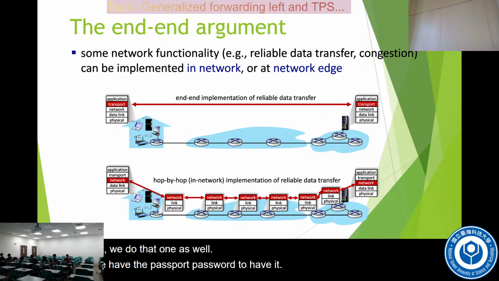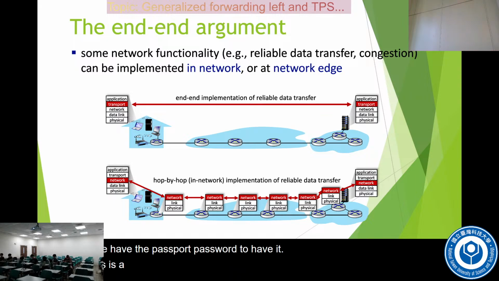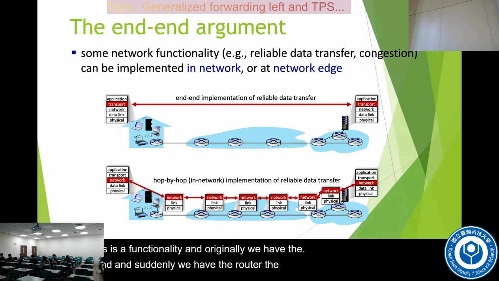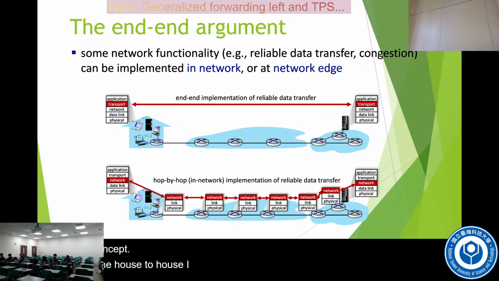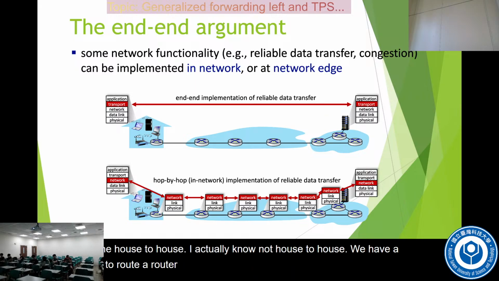So this is a functionality. And originally, we have the end to end, and so we have the router. So routers. So up to now, we have the concept from house to house. And actually, no, not house to house. We have house to router, router, router, router. Actually, we can do the switch.